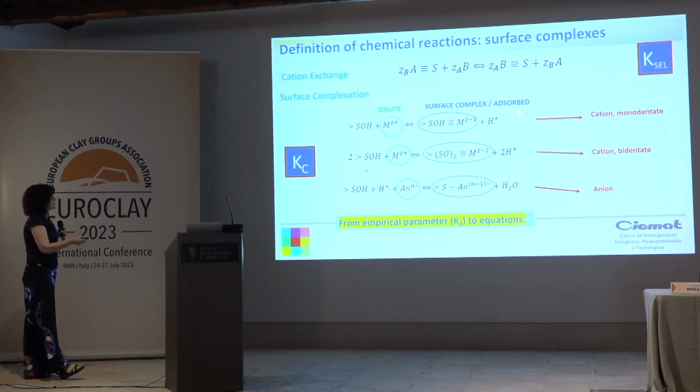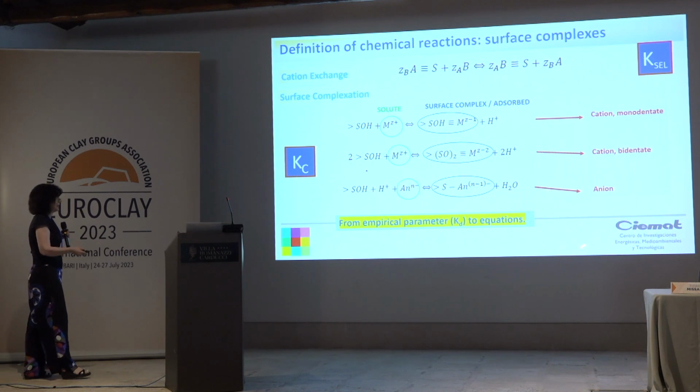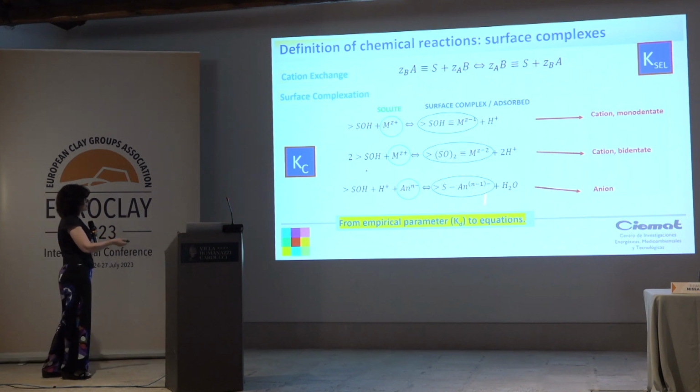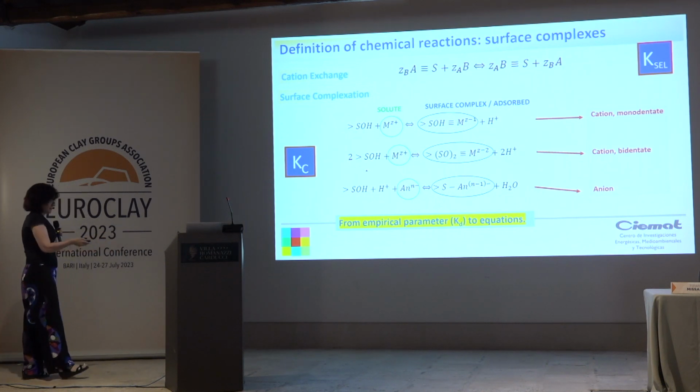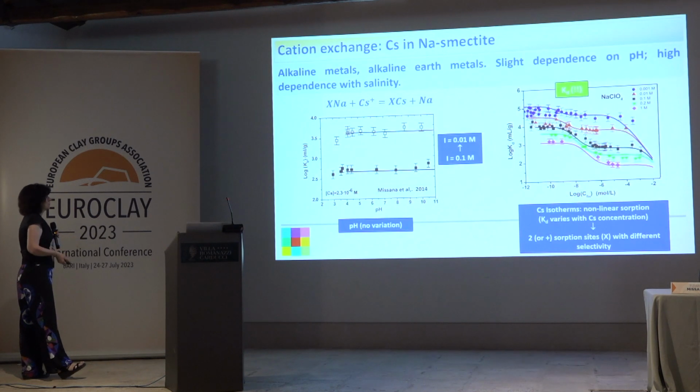For example, here is a monodentate surface complex for a cation. This is a bidentate, and this is the surface complexation for an anion. Having the surface complex defined and the one that comes in the solid, we can go from the empirical parameter to the equation. So this is the description of the model.